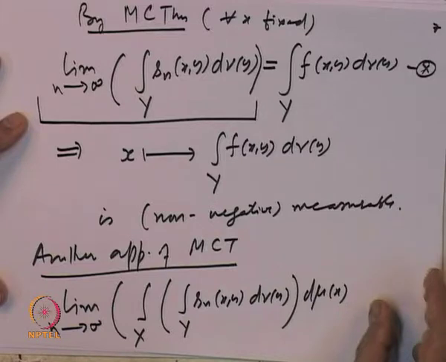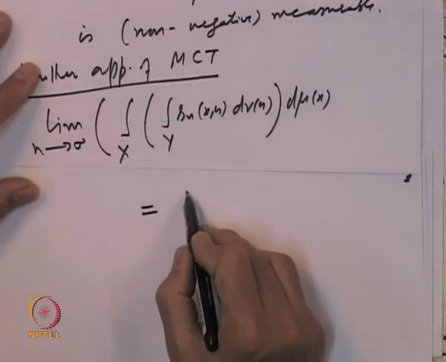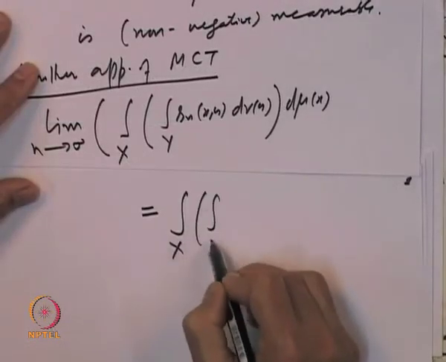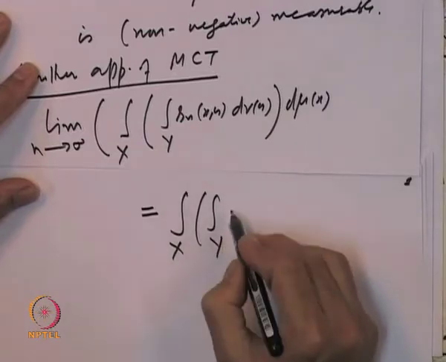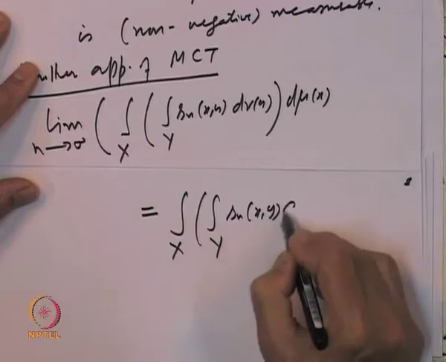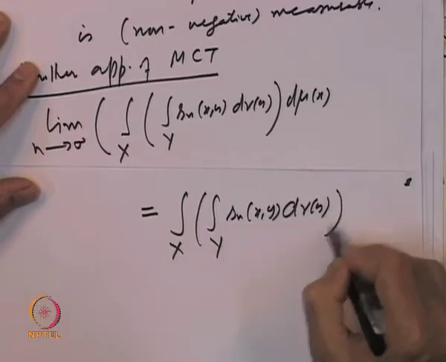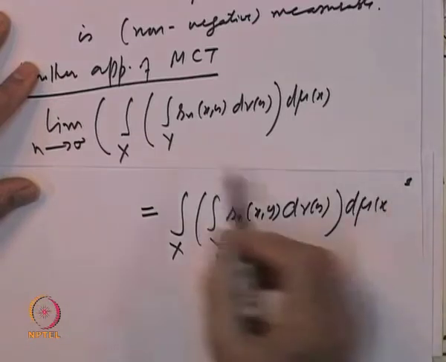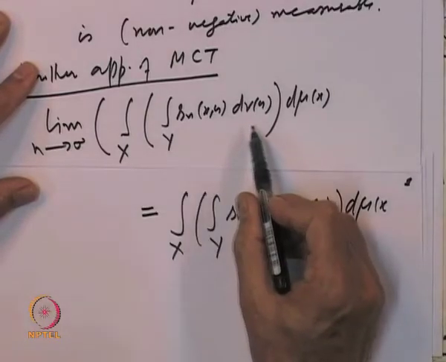So, this is equal to the integral over x of the integral over y of f of x, y d nu y d mu x. So, this limit is equal to this.